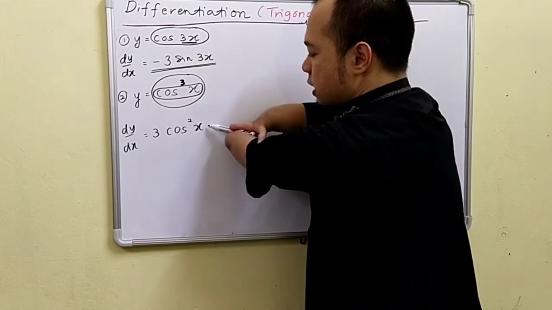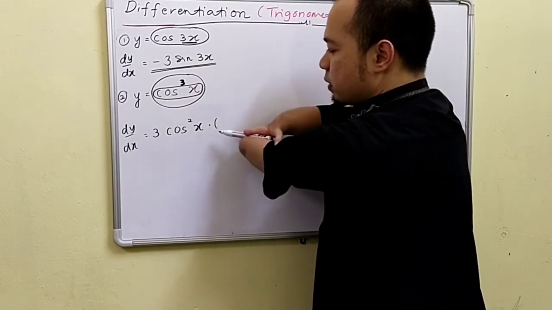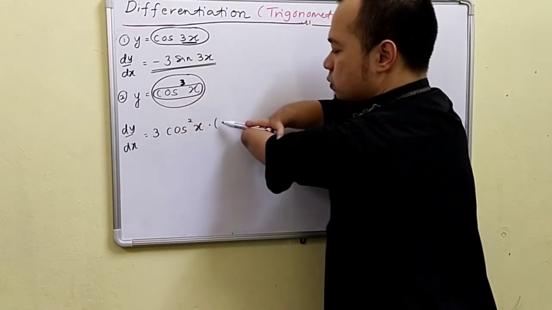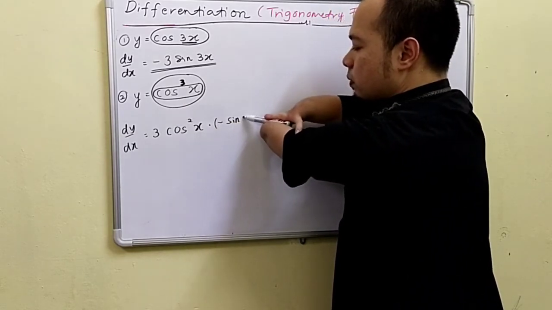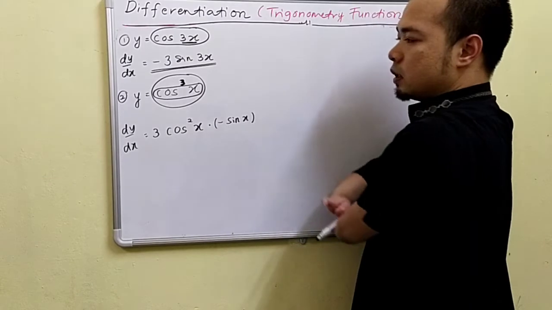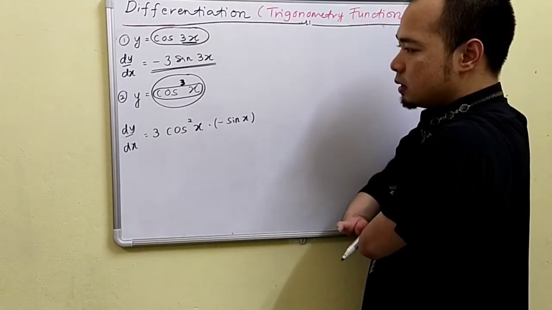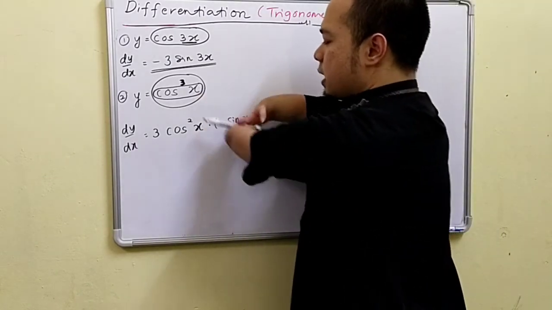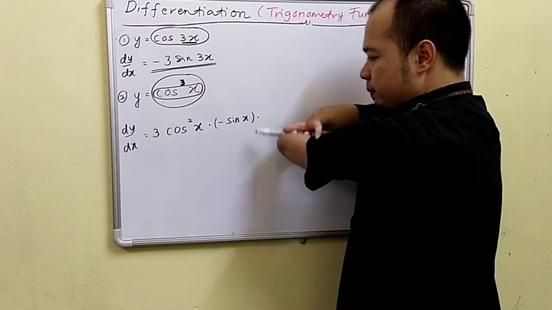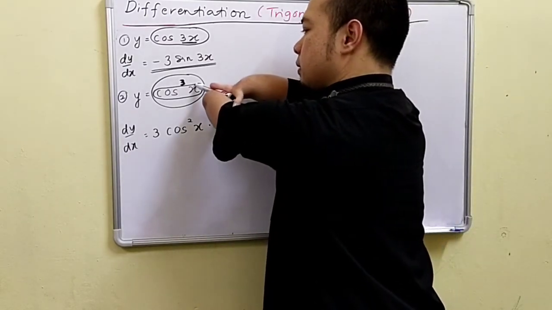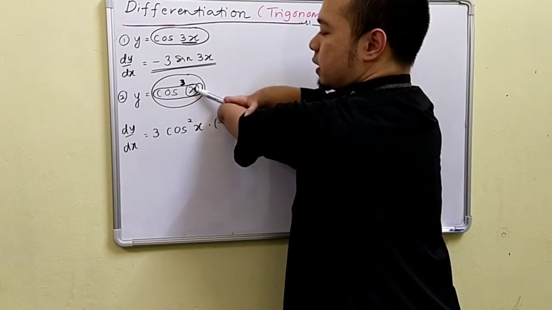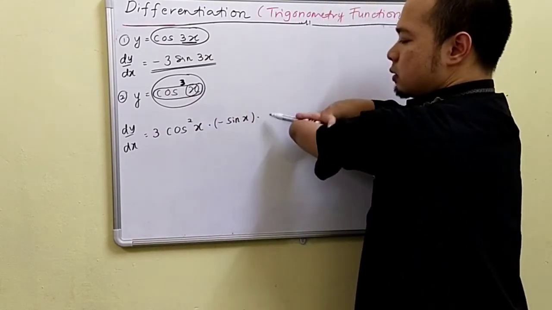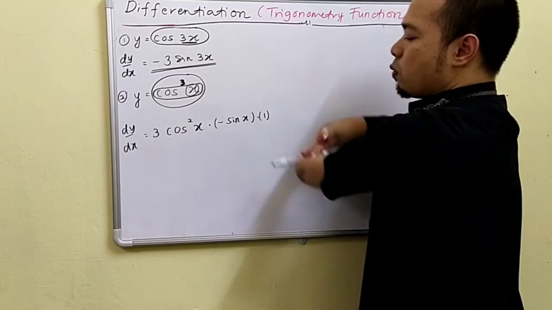So differentiate cos x, so multiply by, I put in bracket, differentiate cos x, we will get negative sine x. Then what will happen to this x? Multiply one more time, another inside. Multiply by differentiate x, we will get 1.